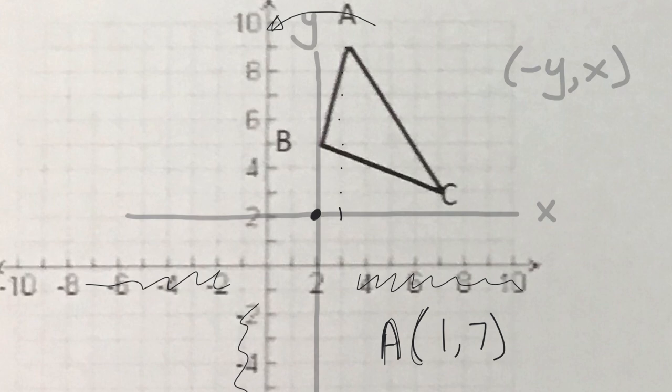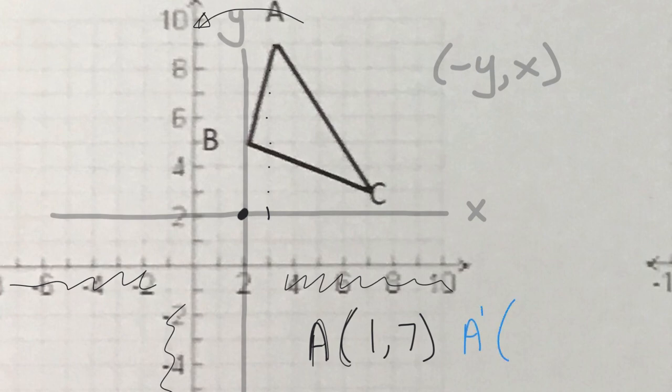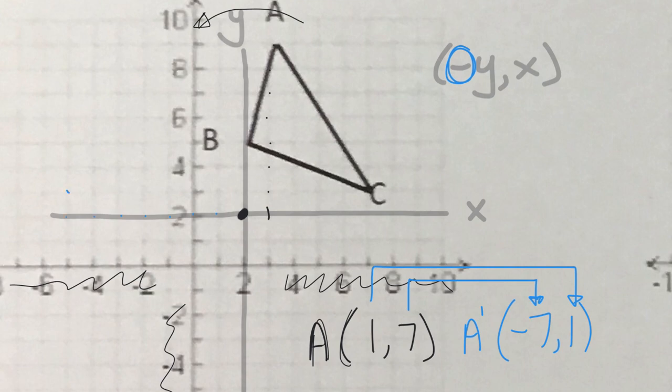If we apply this rule of rotation, A prime is going to be at (-7, 1), because your y value becomes the new x coordinate and you change its sign, and the x becomes your new y value and stays as it is. So point A is going to go 7 left and 1 unit up from your new origin.